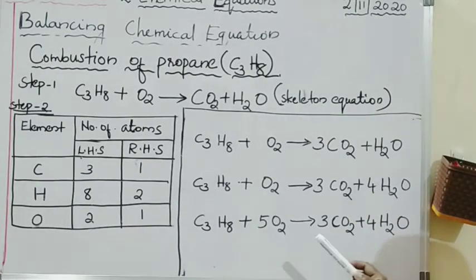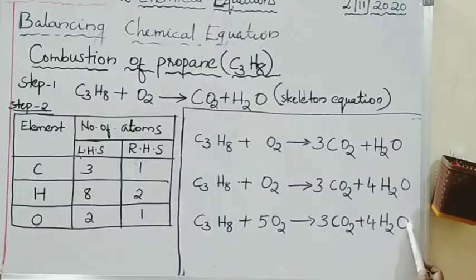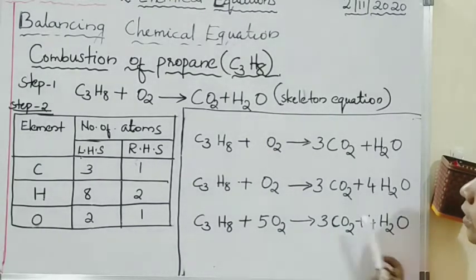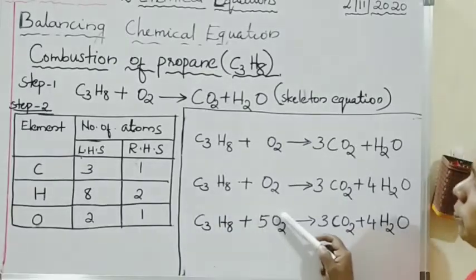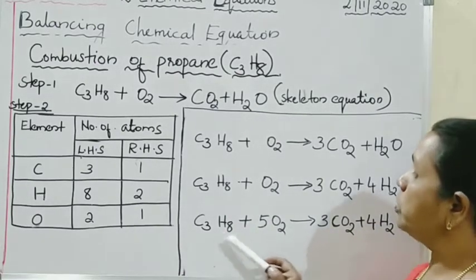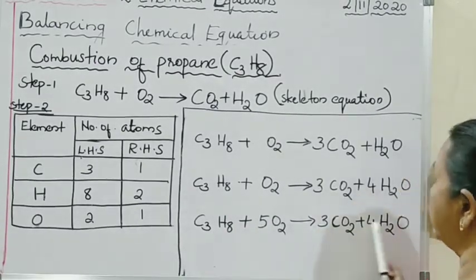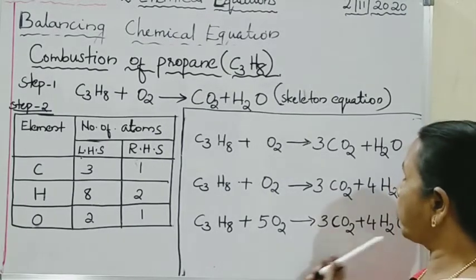Here also 3 twos are 6 oxygen atoms plus this 4 oxygen, 6 plus 4 is 10. Now this equation is balanced. The next step is to reduce to the lowest form, meaning the coefficients are not multiplied further. Therefore, no common factor is coming here.